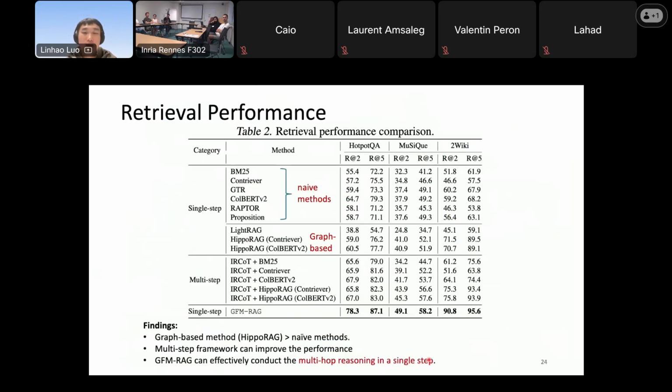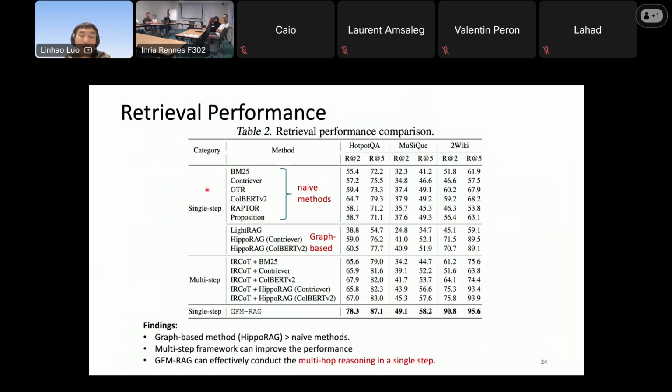Yeah. So here are some experiment results we have conducted. First, we compare the retrieval performance of our method and some existing retrieval mechanisms.